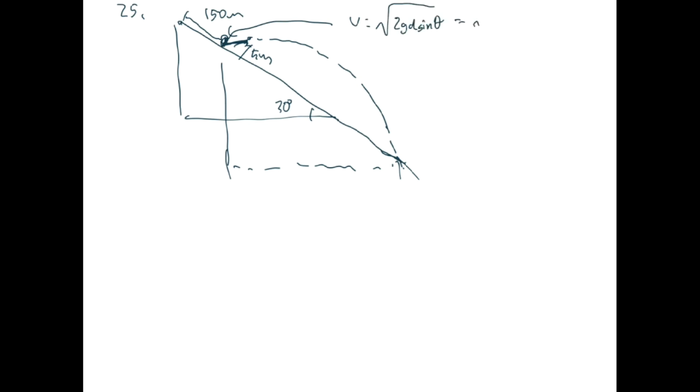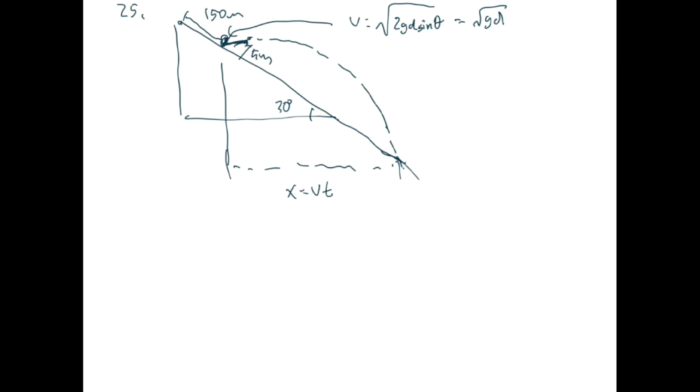And this is just root g d, right? And from there, it's going to travel some horizontal distance, which is equal to v t. So we want to find t, which is how long the skier is in the air.